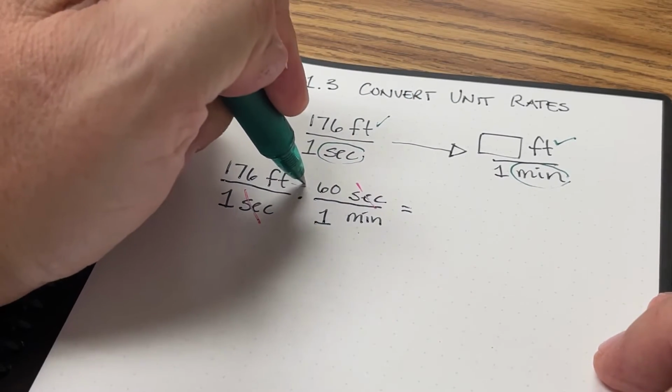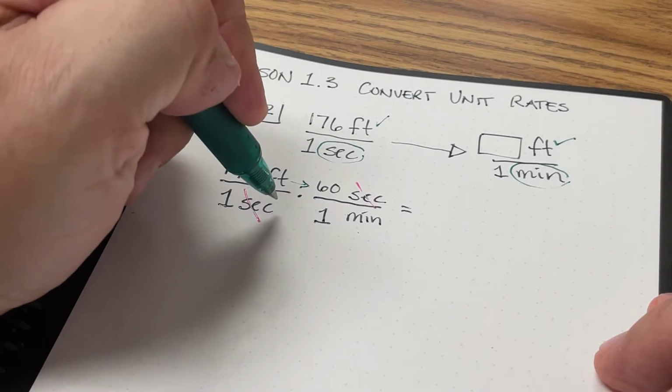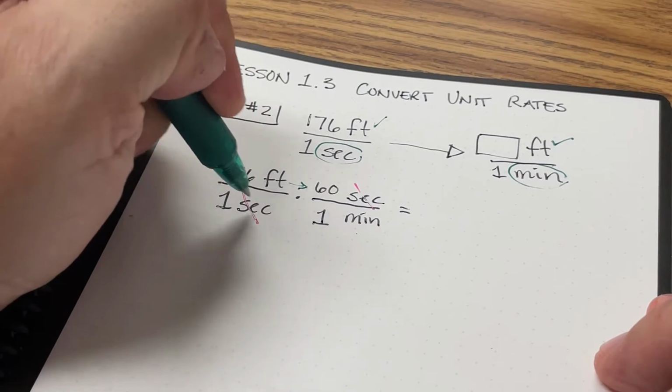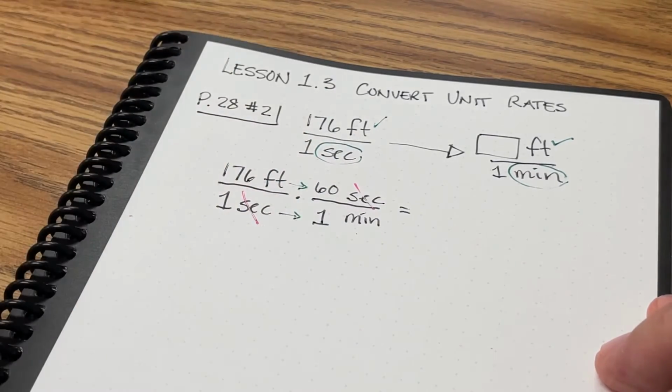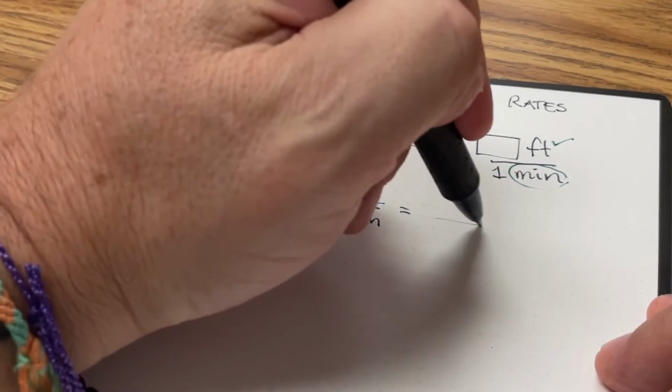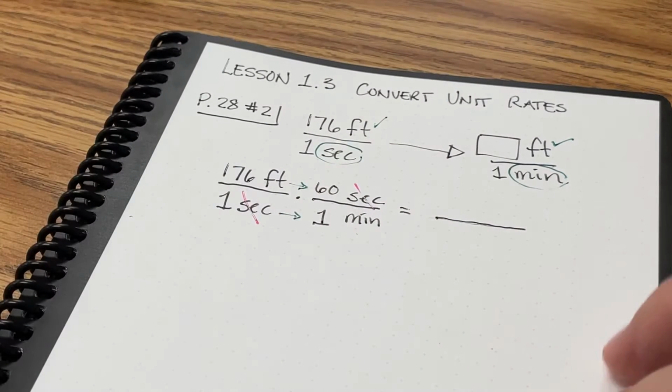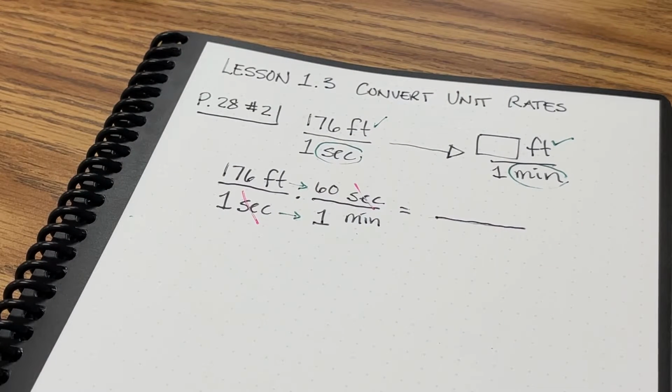So 176 times 60, so that's going to be feet, then 1 times 1 minute, and I should get, let's see, I'm going to get my calculator because I don't necessarily know off the top of my head what 176 times 60 is.